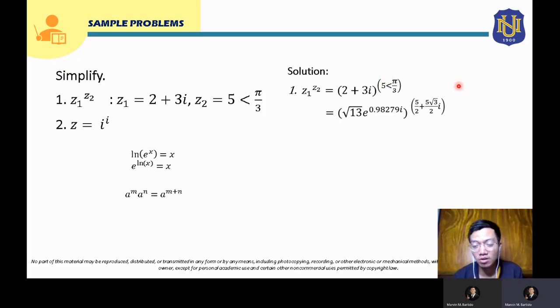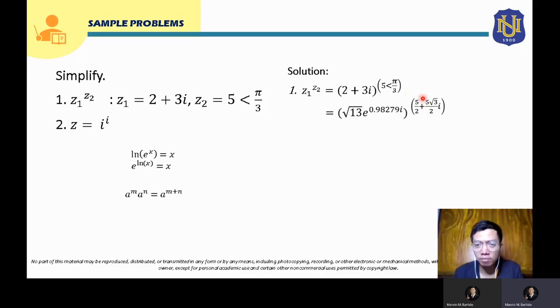this complex number. So just in case that you have forgotten how to convert a polar form into a rectangular form, you just have to solve the real part. So your real part x will just be equal to r cosine of theta, which is pi over 3. So that will be 5 cosine of pi over 3.